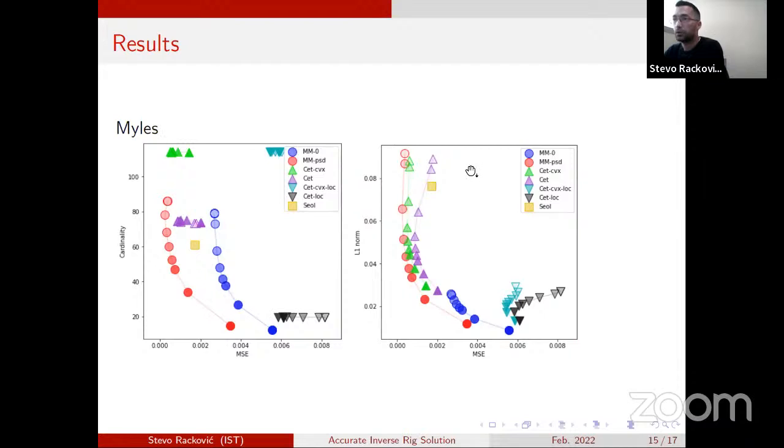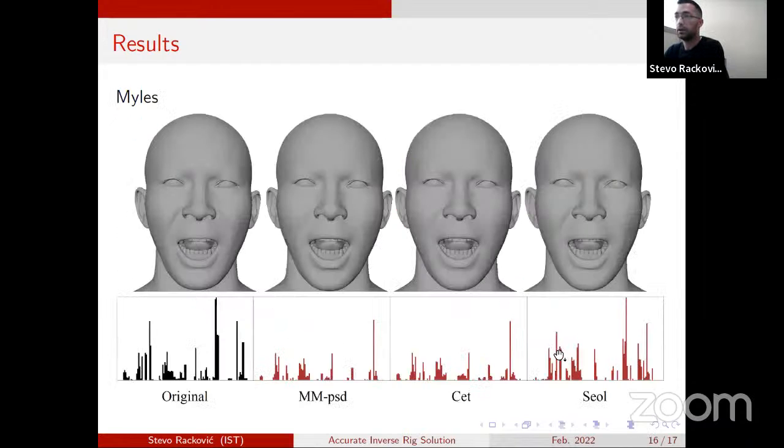And then similar for the last character, again, our curve is below the others. And here again, it's very hard to see the difference by the naked eye. But we can see that we have a lower number of controllers, and also the mesh is slightly more accurate.